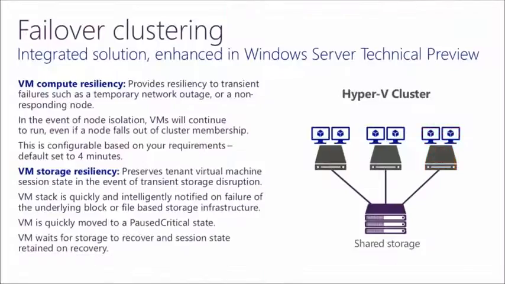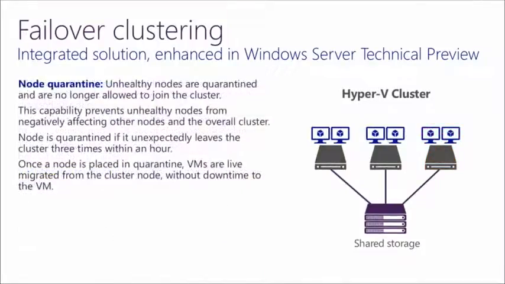So the final one is node quarantine. If you have a situation where a node continually drops out of cluster membership because it's just unhealthy, the transient failures are really affecting it, the node becomes quarantined if it unexpectedly leaves the cluster 3 times within an hour. And once that node is placed in quarantine, VMs are live migrated.